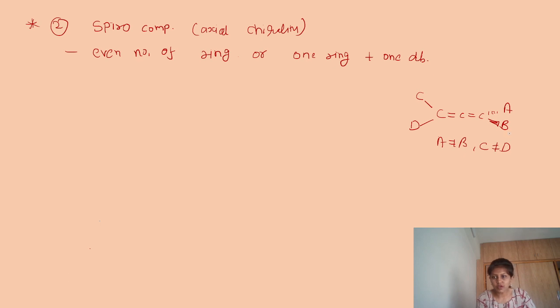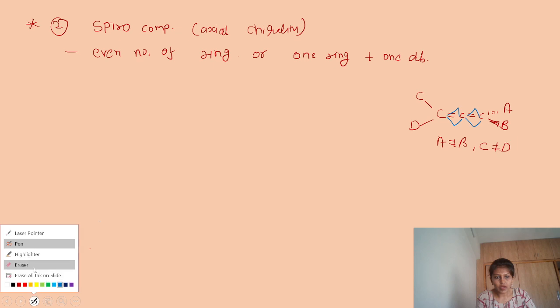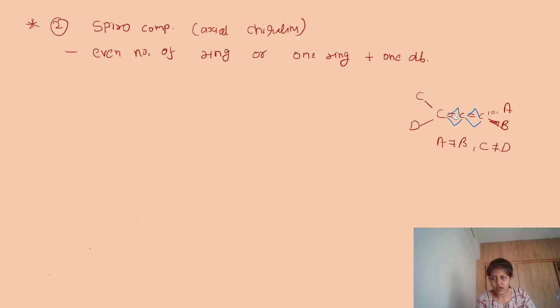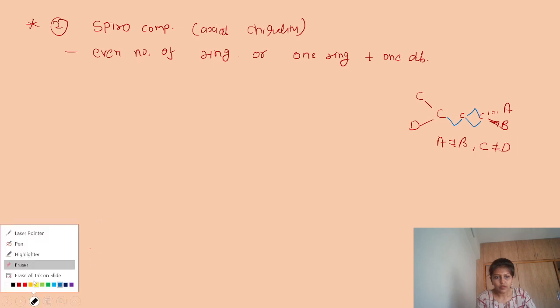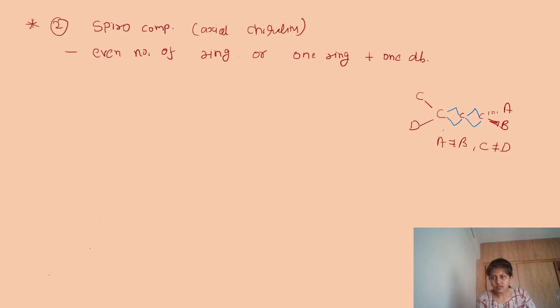Suppose instead of this double bond, I put a Spiro ring. So this is the chiral molecule. I have erased this carbon double bond carbon and instead of that I have written a Spiro ring. This is the Spiro compound.